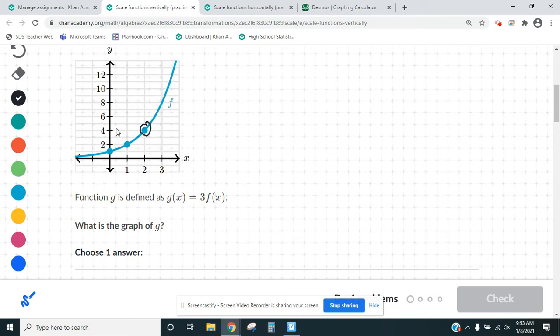So Gary, where's that going to be? Since now it's at 4 and it's supposed to be 3 times higher, where's it supposed to be? 12. Yeah, there you go. And this one was at a height of 2, so now it's going to be at 6, right? This is at a height of 1, so now it's going to be up here at 3. So now we've got a new curve.